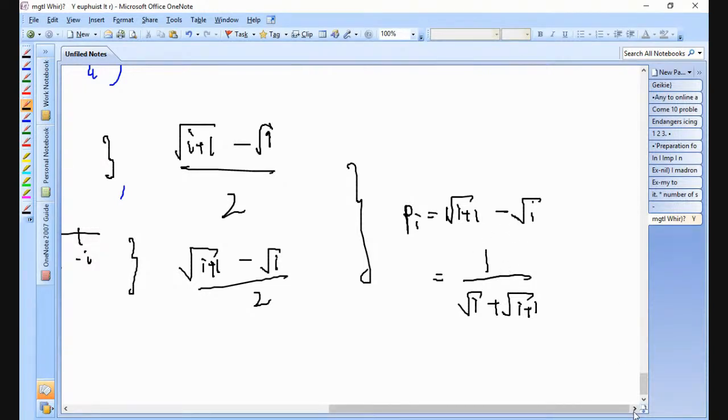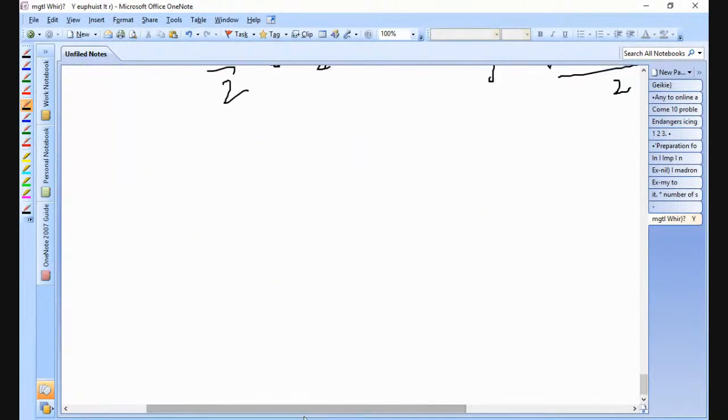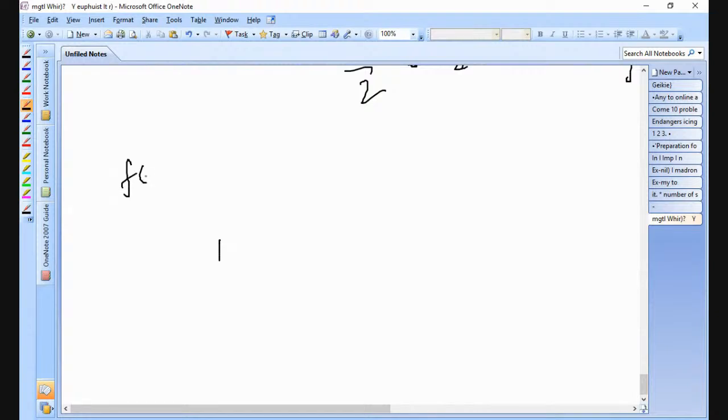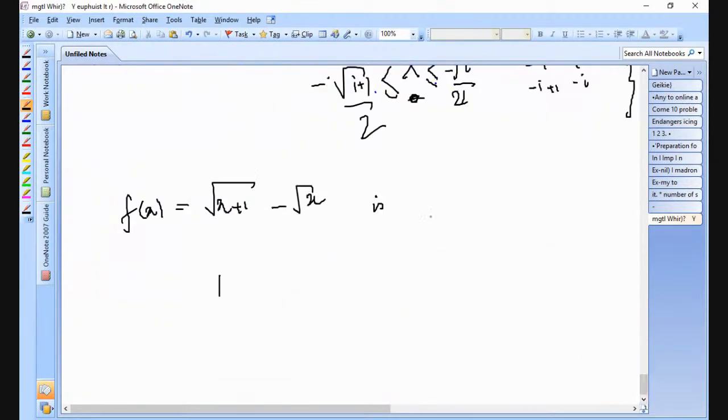But let's do the general problem: where is the function f(x) equal to root x plus 1 minus root x maximized? Is it maximized or minimized? What is the question? Maximized.